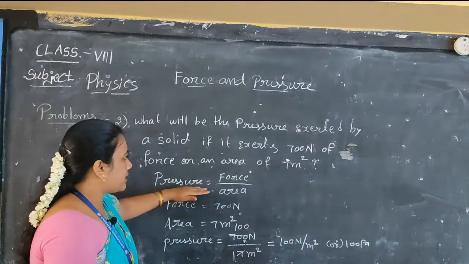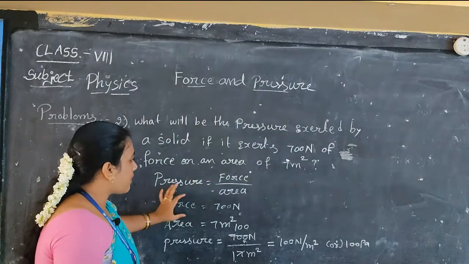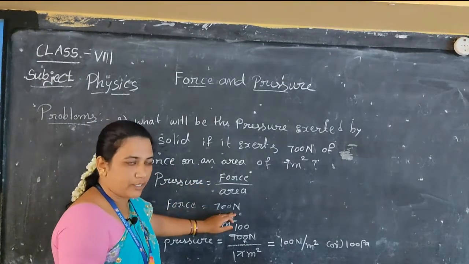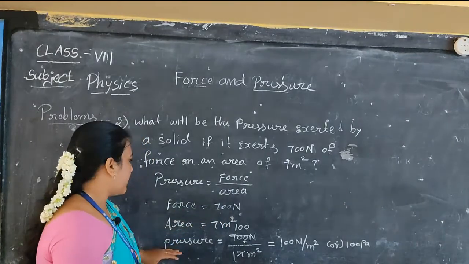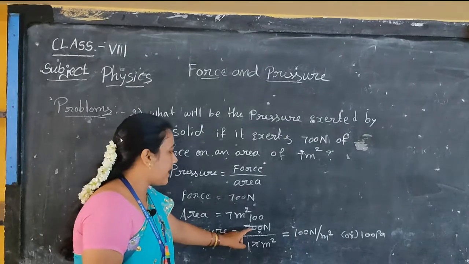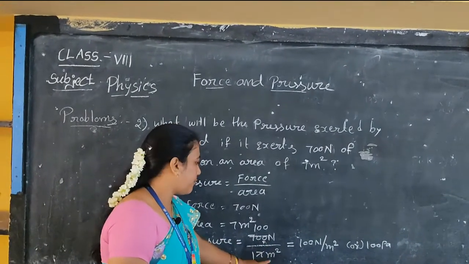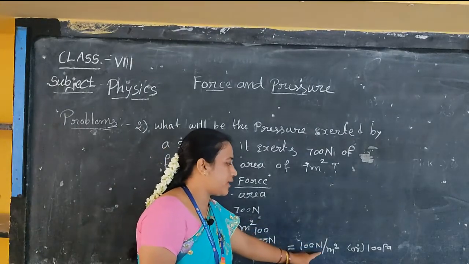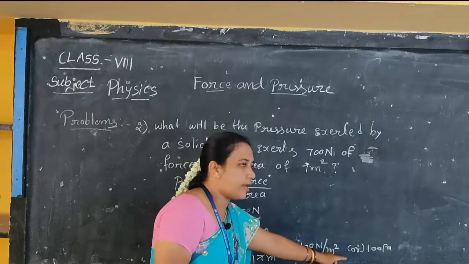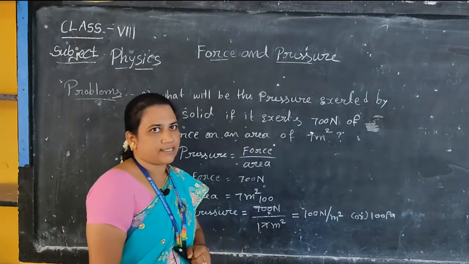So pressure is equal to force by area. Then write the force value as 700 newtons and area as 7 meters square. Then pressure is equal to 700 by 7 Newton by meter square. 7 ones are 7, 7 hundreds are 700. So we will get 100 Newton by meter square, or we can write the answer as 100 pascals.